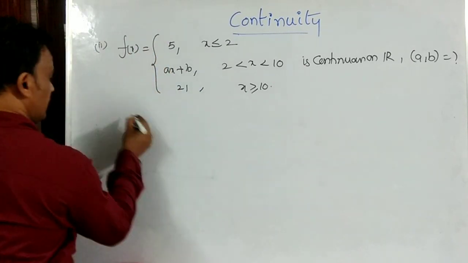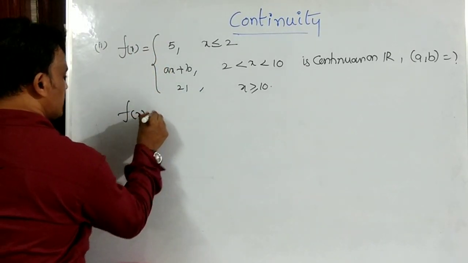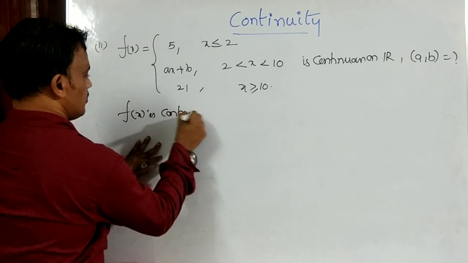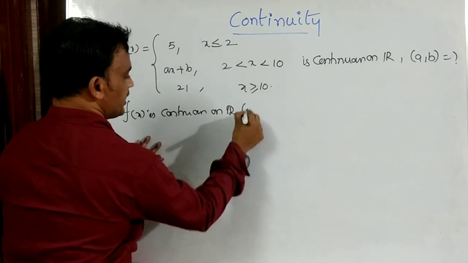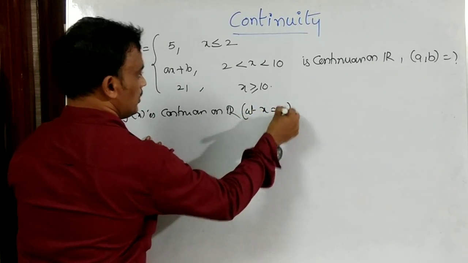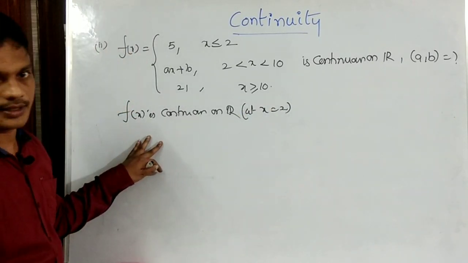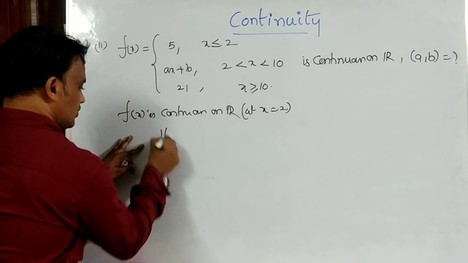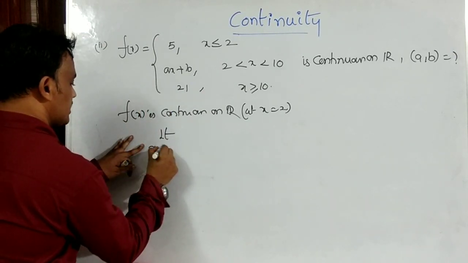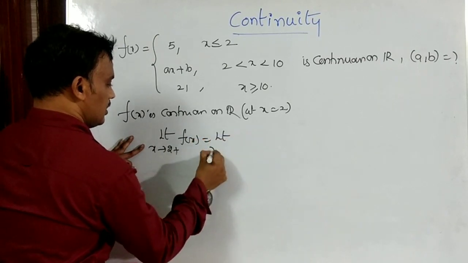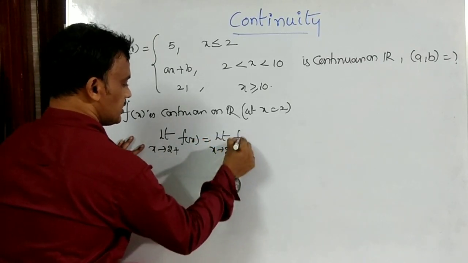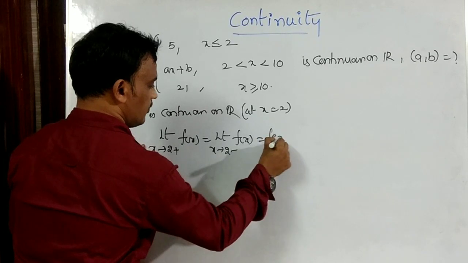Now, f of x is continuous on real numbers. Can I take it at x equals 2? According to the definition of continuity, limit x tends to 2 plus f of x equals limit x tends to 2 minus f of x equals f of 2.